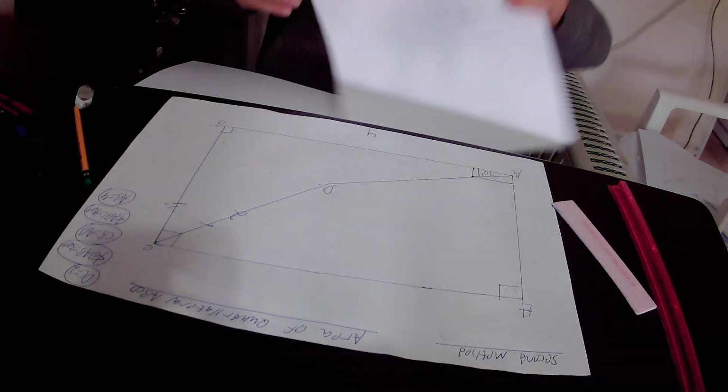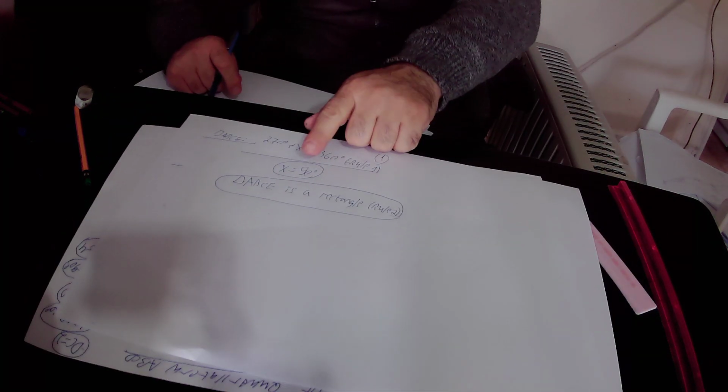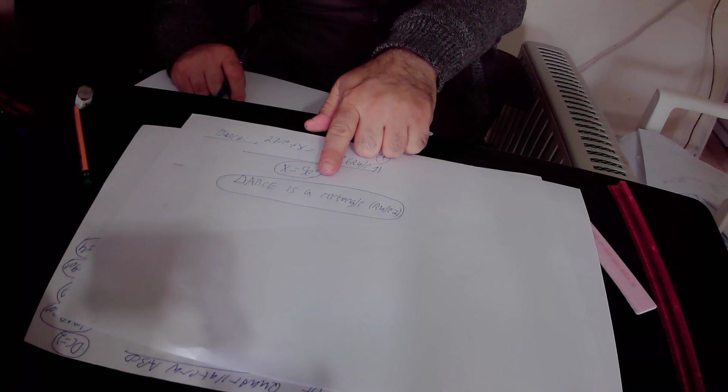I'll repeat again. According to rule number 2, quadrilateral ABCE is a rectangle because of the fact that it has four right angles.